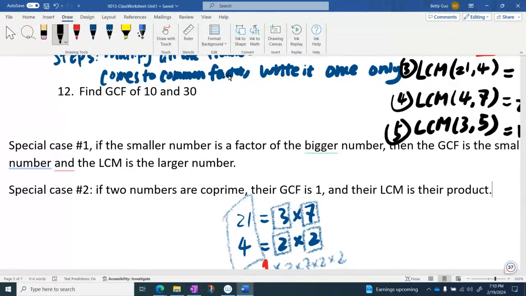Actually, we should be happy when we have two numbers that belong to one of the two special cases, because finding GCF and LCM is so convenient. Please make sure you have the two conclusions in your notes. Understand them and memorize them. And let me know, are we good to continue?